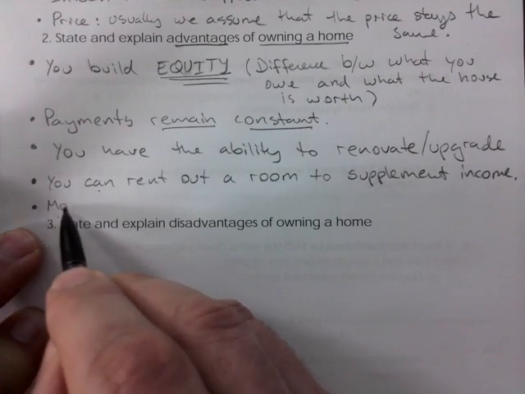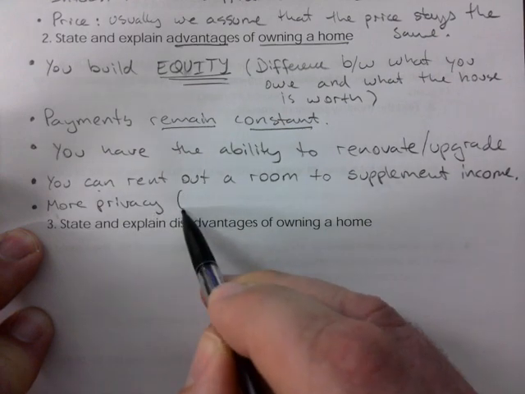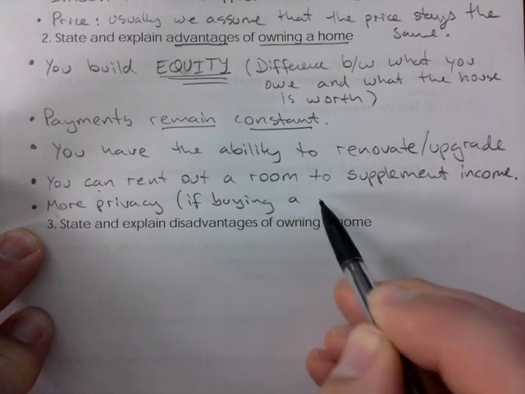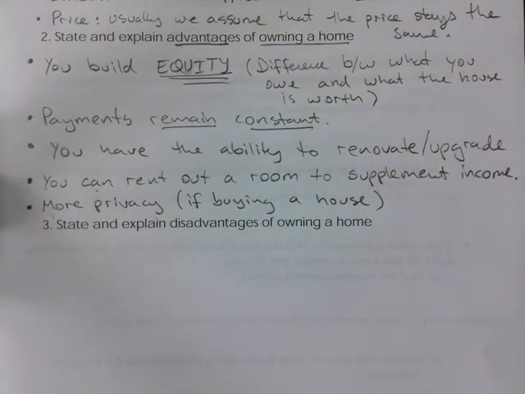More privacy, but this one, if buying a house. If you buy a condo, you can't use this one really, because it's the same as renting, right? You're living, you have neighbors underneath.